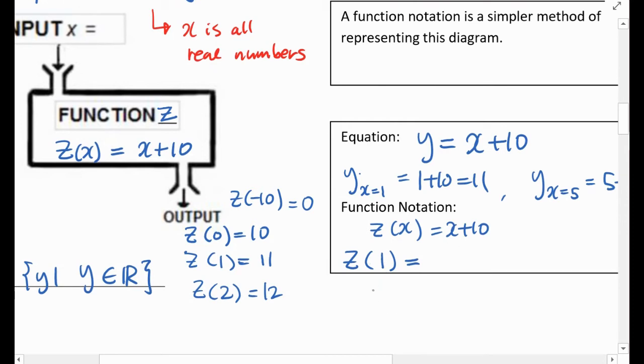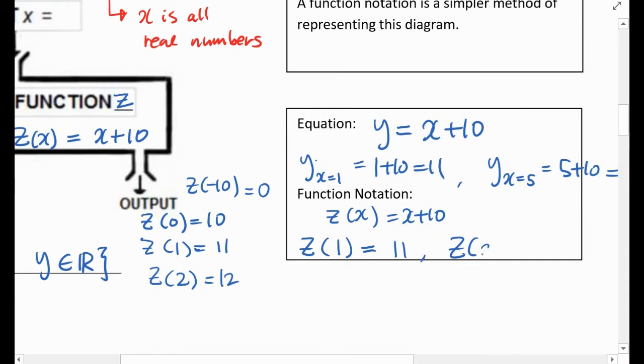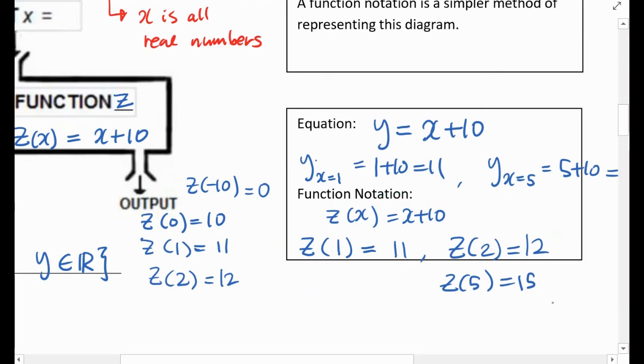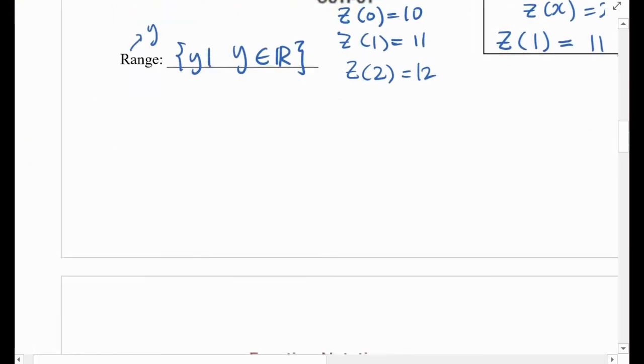This is the input, so 1 into the bracket, and the output will be 11. Z of 2 will be 12, and Z of 5 will be 15. Much simpler, okay? So we use function notation in this chapter, so you should be aware of how to use function notation. Okay, let's move on.